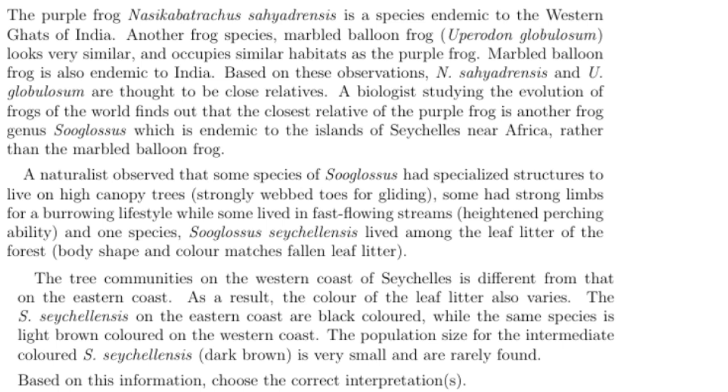A naturalist observed that some species of Zooglossus have specialized structures to live on high tree canopies, strongly webbed toes for gliding. Some had strong limbs for a burrowing lifestyle, while some lived in fast-flowing streams, and one species, Zooglossus seychellensis, lived among the leaf litter of the forest.